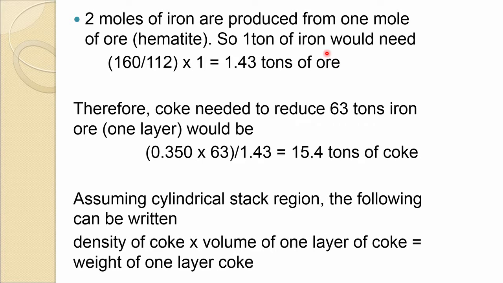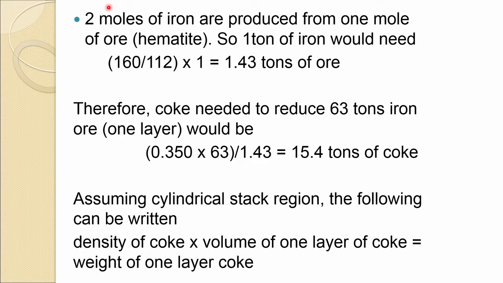the assumption is already stated: your ore is hematite, pure hematite. Under that condition, 2 moles of iron are produced from 1 mole of ore. So, hematite is Fe2O3, and 1 mole of ore will give you 2 moles of iron.